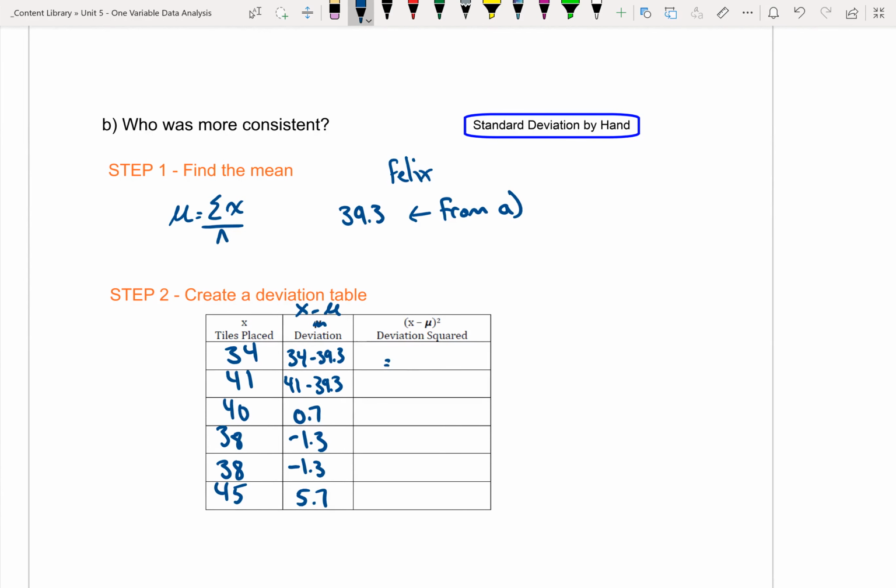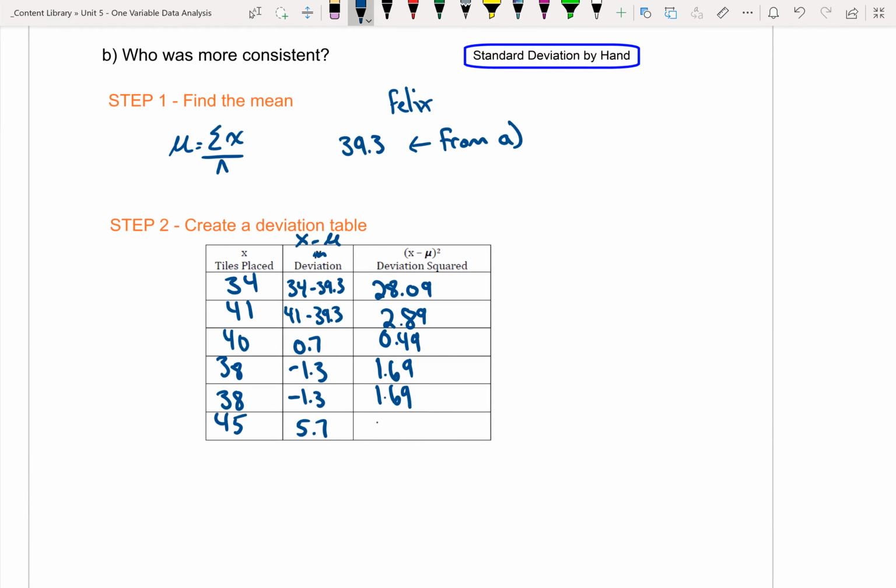So we get 28.09, 2.89, 0.49, 1.69, 1.69, and 32.49.